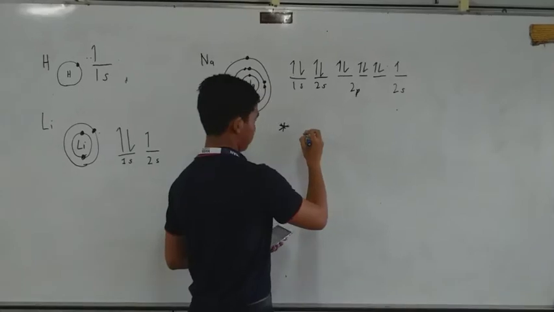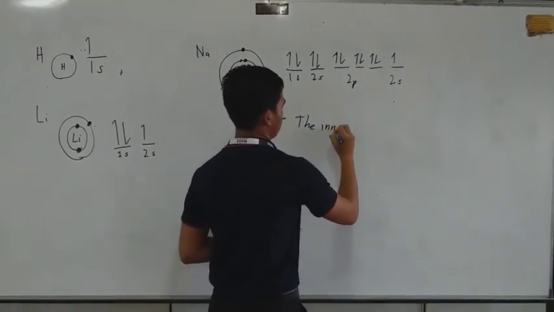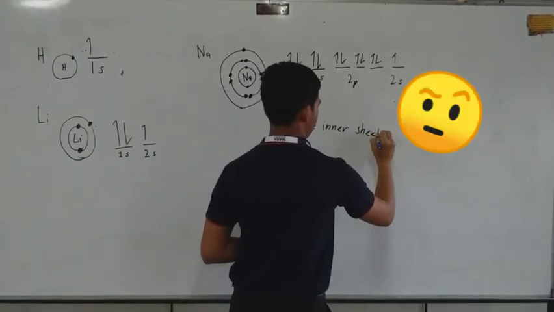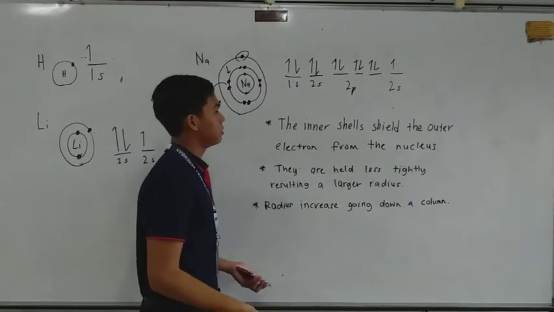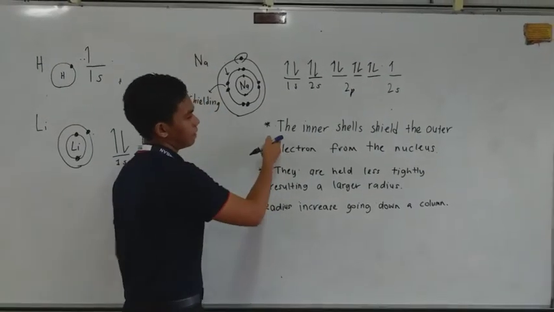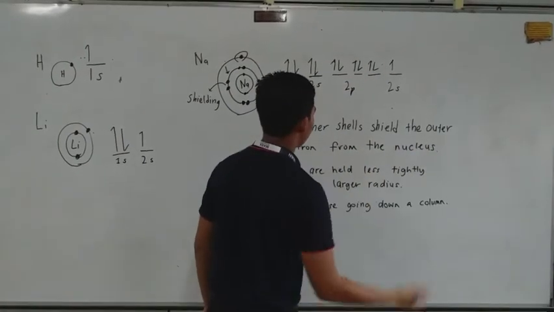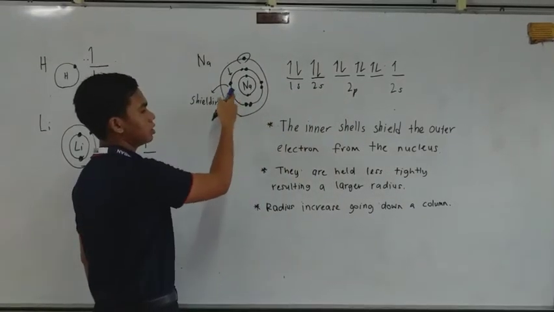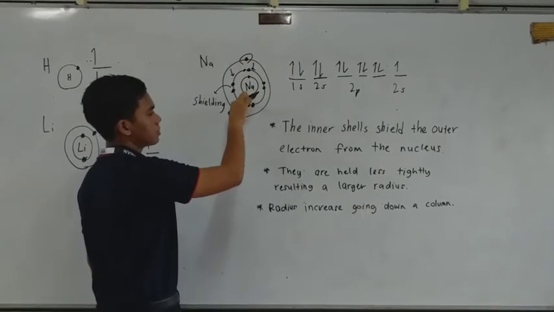So first, the inner shells. This is a conclusion from what I explained before. The inner shells shield the outer electron from the nucleus. What this means is that the inner shells shield the outer electron from getting nearer to the nucleus.